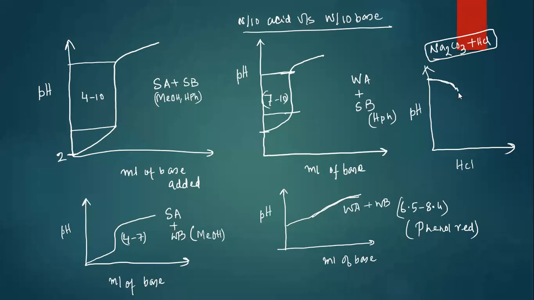Suddenly it shows a sharp change like this. This is the first equivalence point: Na2CO3 becomes NaHCO3. Next, it again comes down like this and again shows a sharp change, the second equivalence point. So this is equivalence point 1 and this is equivalence point 2. That is why Na2CO3 and HCl has two equivalence points. One of them is shown by phenolphthalein and the other by methyl orange.